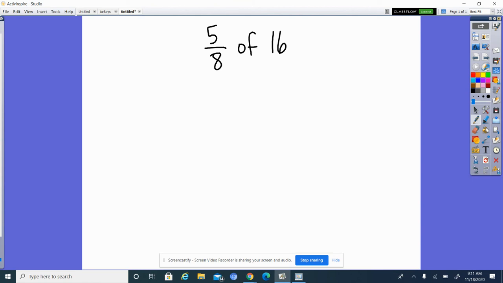Okay. What do we need to do? And it said draw a model. Okay. So what did this word mean? Multiply. Okay. And we need to draw an array that has a total of 16 and has either your rows or your columns of 8.